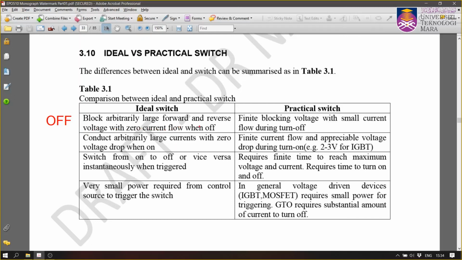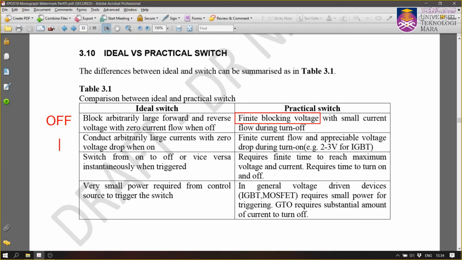This is during the off state. The voltage can be very high for the ideal switch, but in practical there's a finite blocking voltage, which depends on the device. It can block only 600 volt, 200 volt, depending on the switch, with small current flow. So during turn off, there's still a small current that flows, the leakage current.